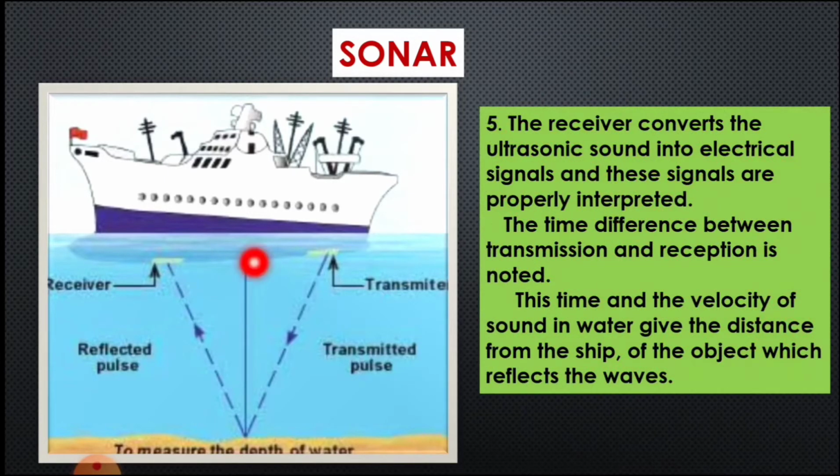The receiver converts the ultrasonic sound into electrical signals and these signals are properly interpreted. The time difference between the transmission and the reception is noted. This time and the velocity of sound in water give the distance from the ship of the object which reflects the waves.